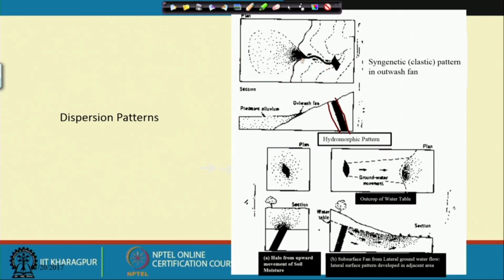It forms a fan shaped dispersion pattern below the foothill, in which case the element of interest will be present over a much larger area, but in a diffuse manner, without giving any sharp anomaly anywhere in the area. And so, these are the different types of hydromorphic patterns one can expect.